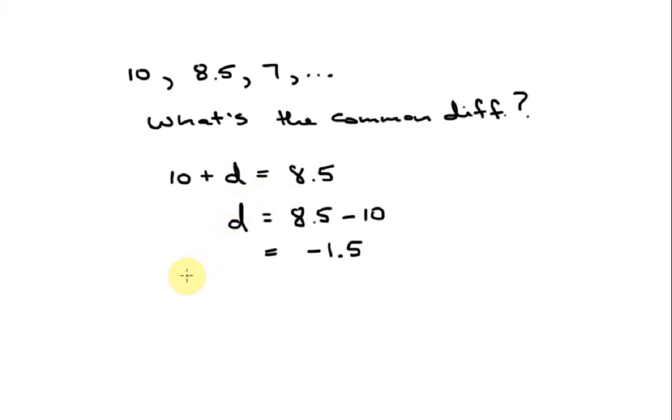What I'm now going to do is try and develop a formula. What we want the formula for is a situation where we had a whole bunch of terms in a sequence, and somebody said, I wonder what the 412th term is. Be nice if we had a formula for that.